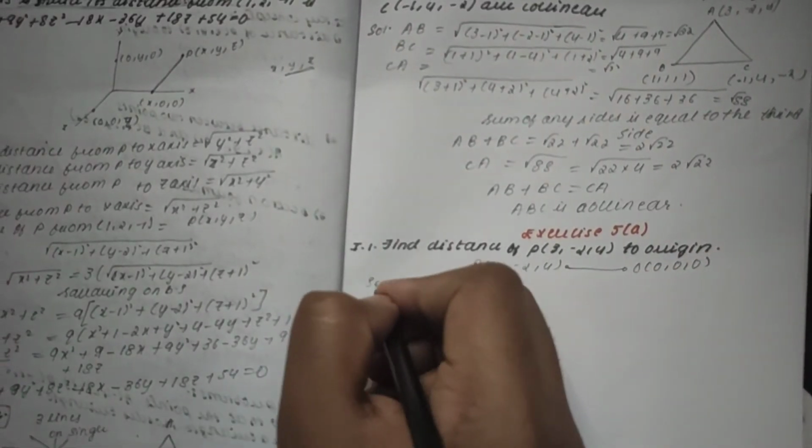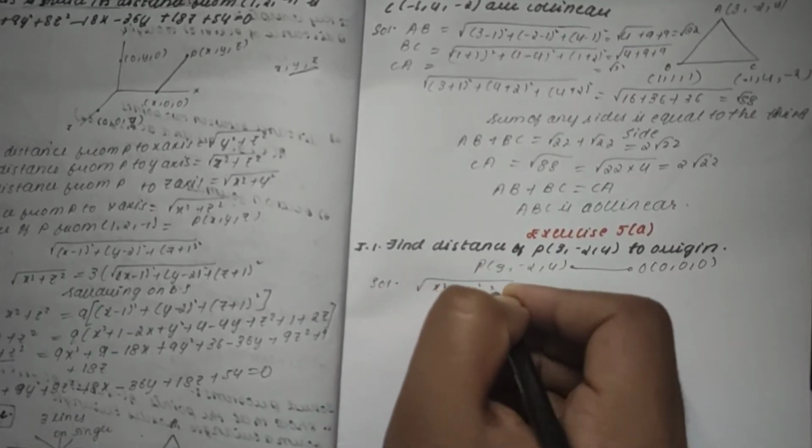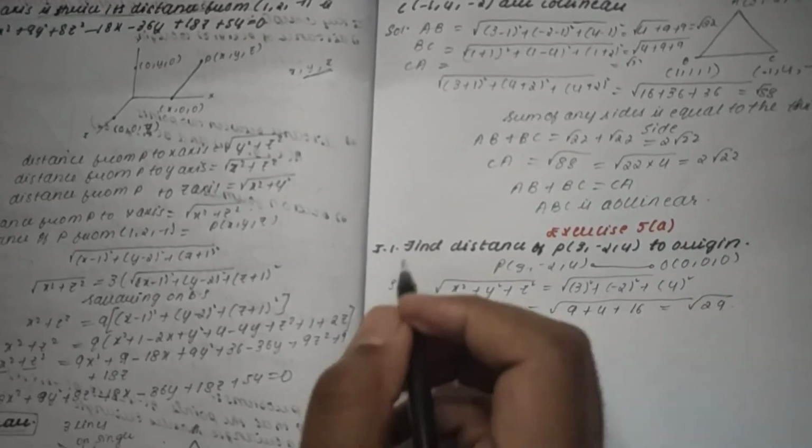The formula for this is root over x square plus y square plus z square, which we have discussed earlier. Here x is 3 whole square, y is -2 and z is 4 whole square. So this is 3 whole square is 9, 2 whole square is 4 and 4 whole square is 16, which is root 29. So the distance between P to origin is root 29.